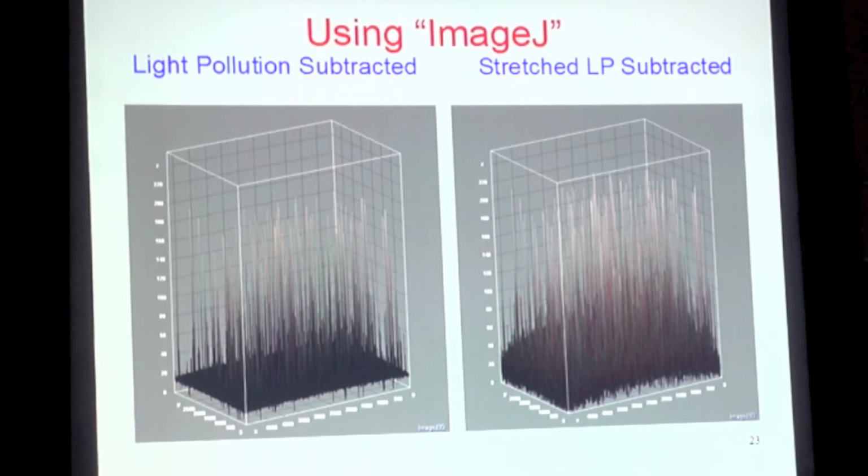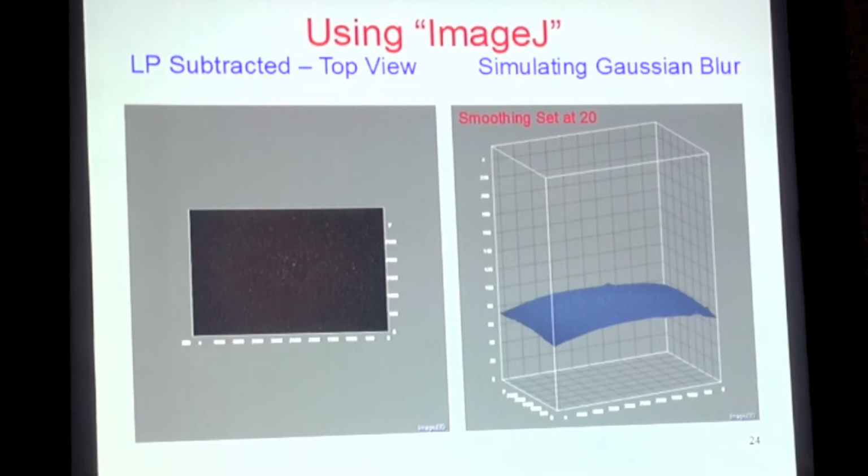Okay? Keen thing about the interactive 3D plot, you can turn everything around and look down on the top of the image, down from this point of view. You can actually see the image. Okay? So, it's a very powerful analysis tool to help you figure out where you are.